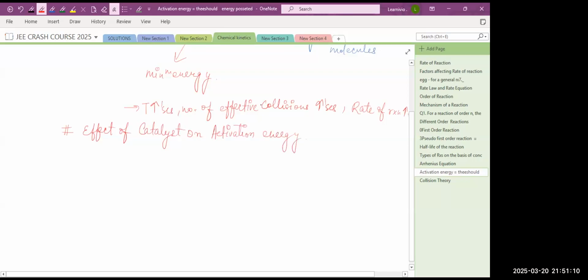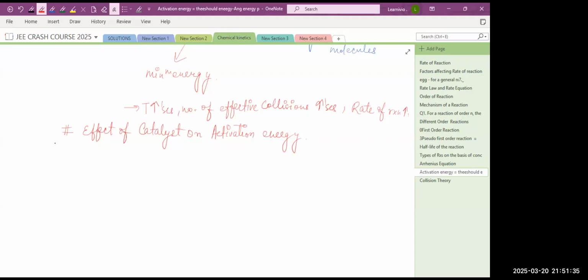See, the formation of the activated complex provides an alternate path of lower activation energy when you compare it to the uncatalyzed reaction, right? When you add a catalyst in a reaction, what happens? It provides an alternate path by lowering down its activation energy.